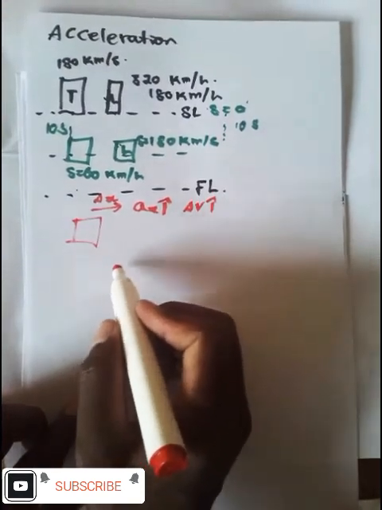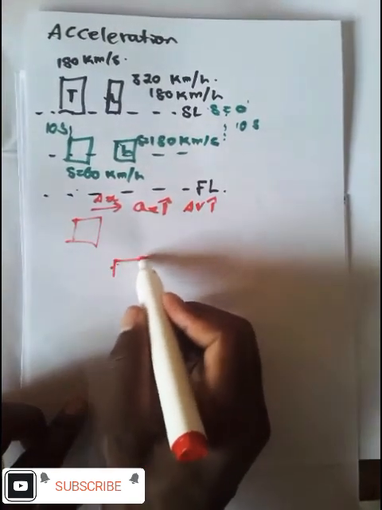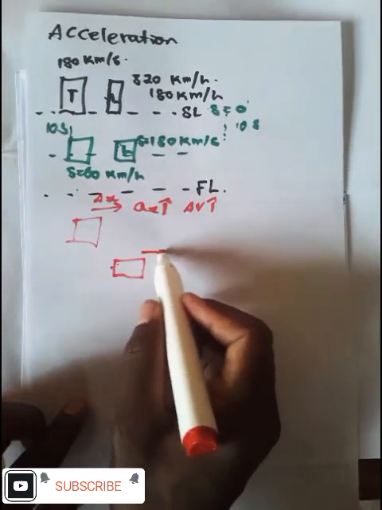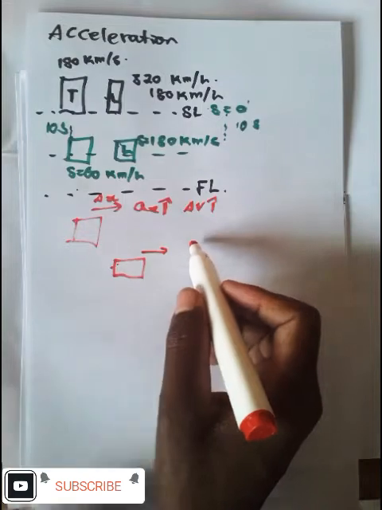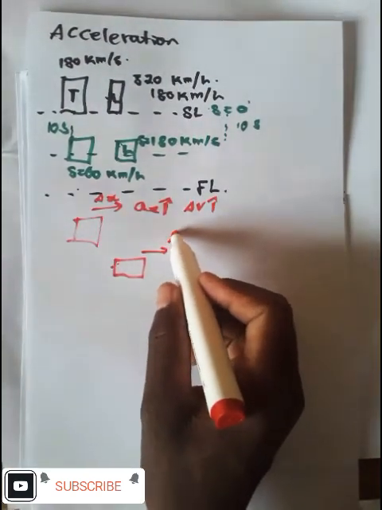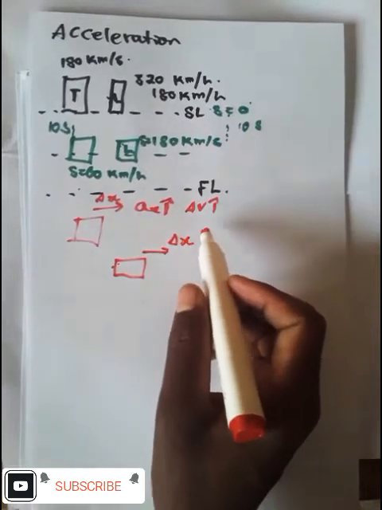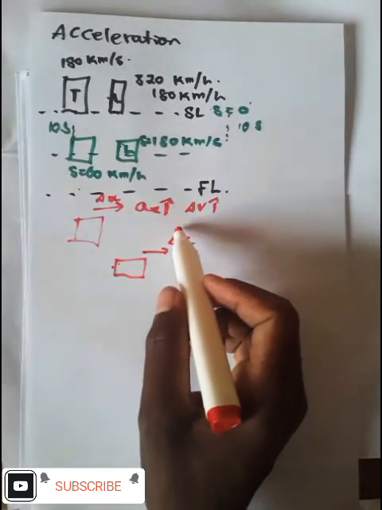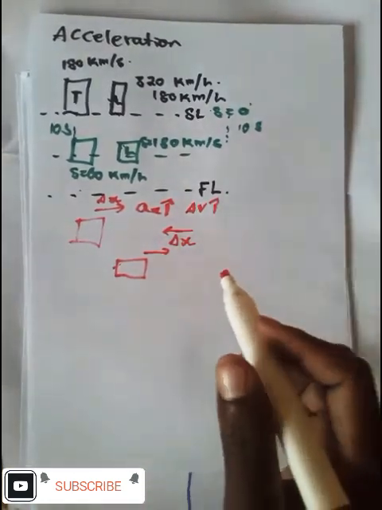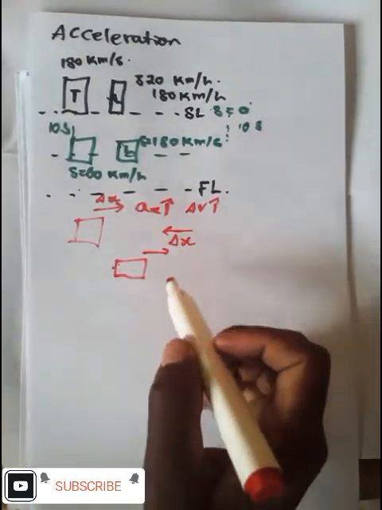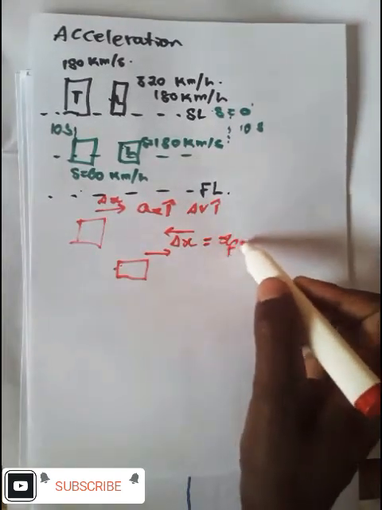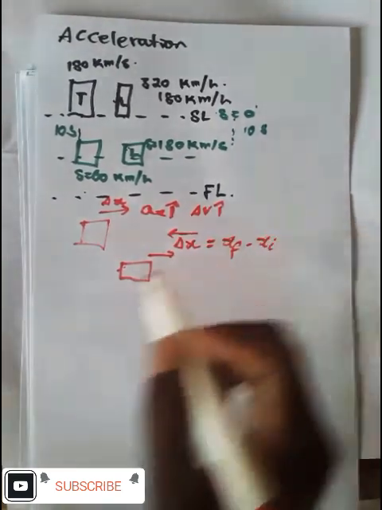But if the object is going this way and you are pressing the brake, you are reducing the speed. Remember that the displacement is x final minus x initial.